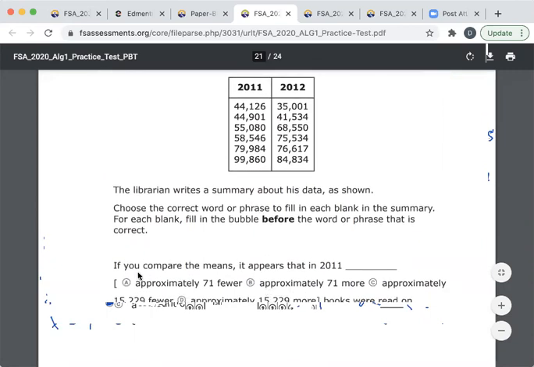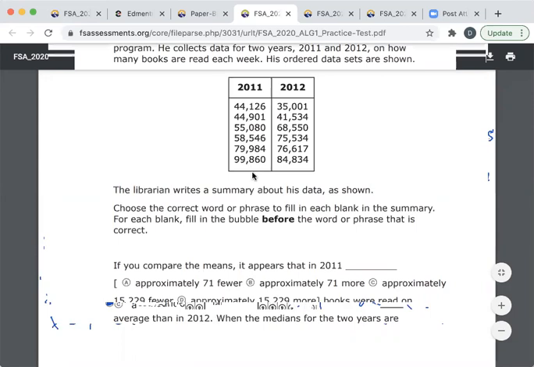So let's look at this first statement. If you compare the means, or the average, it appears that in 2011, is it fewer or more books were read on average than in 2012. In order to know that, we have to add all these up and take the average.